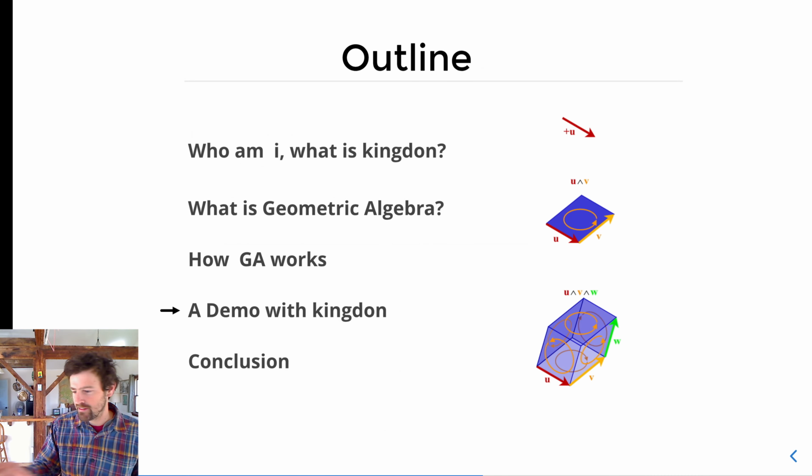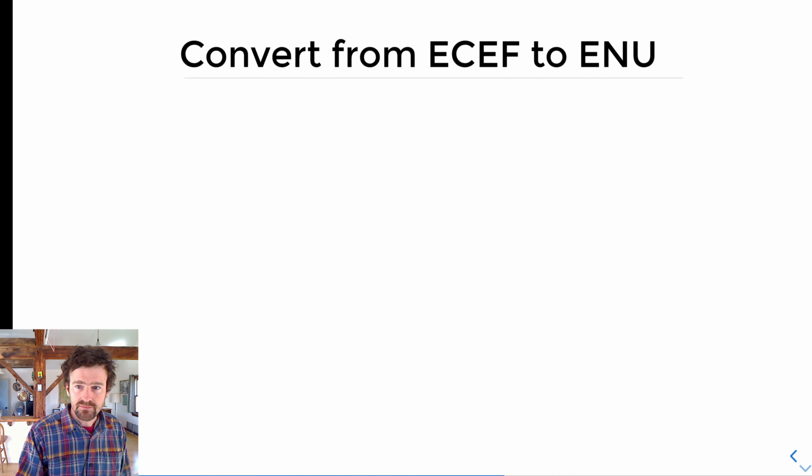Okay, so that's a 10,000 foot view of how GA works and what it looks like in some simple applications. Now we want to solve an actual problem using this Python library and see what the code looks like. This is an example of a geodetic computation converting between two coordinate frames. One frame is ECEF, which stands for Earth-centered, Earth-fixed. And then we're going to convert that to a local coordinate system of east, north, up.